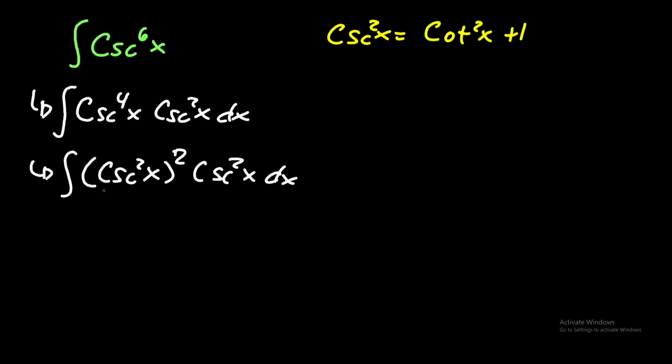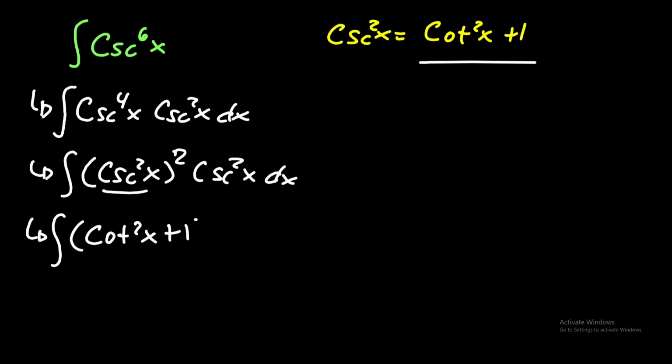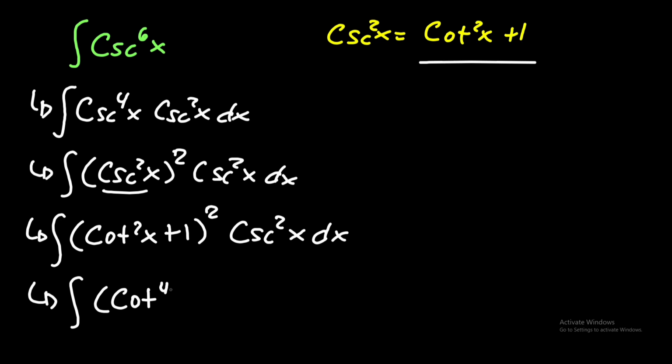We will rewrite this according to this identity. So we will have the integral of cotangent squared of x plus 1 raised to the power of 2 multiplied by cosecant squared of x dx. Expanding this, we would have cotangent raised to the power of 4 of x plus 2 cotangent squared of x plus 1.